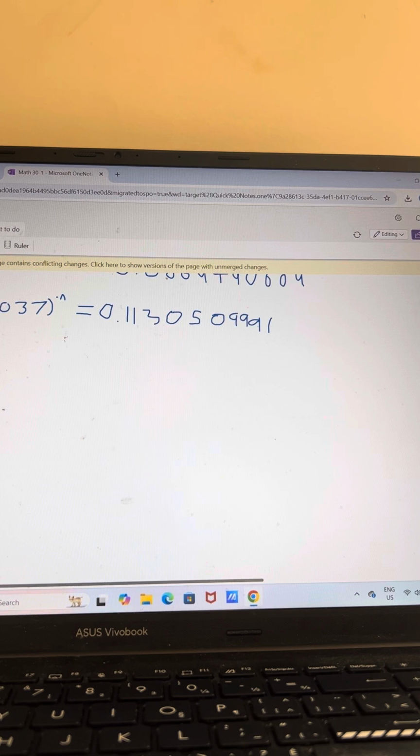Okay, now that we have this negative n, we gotta take the log of both sides. So negative n times log 1.037 is equal to the log of 0.1130509991.